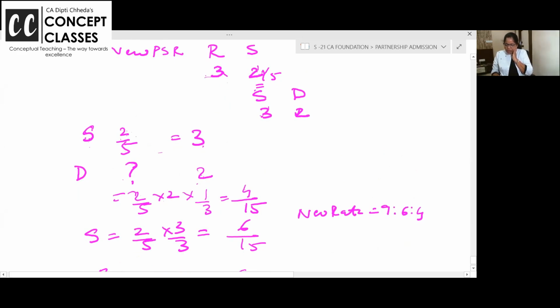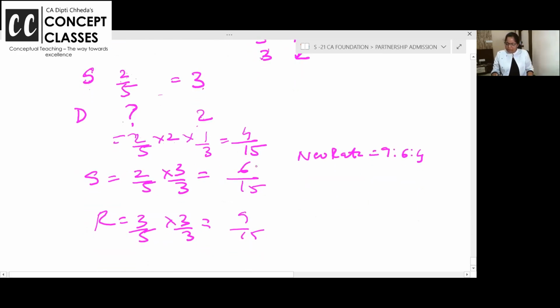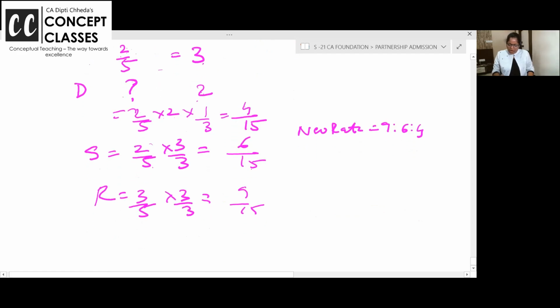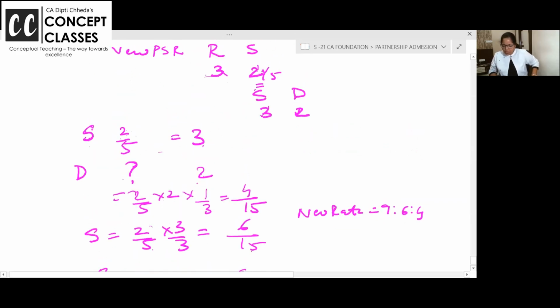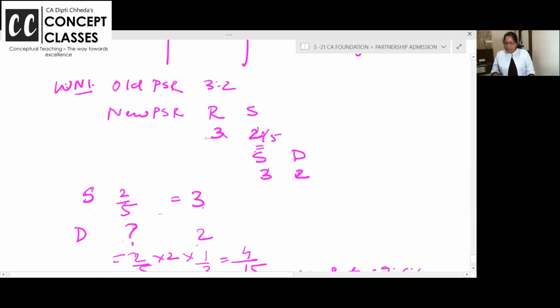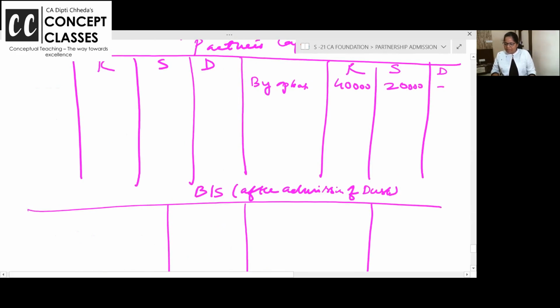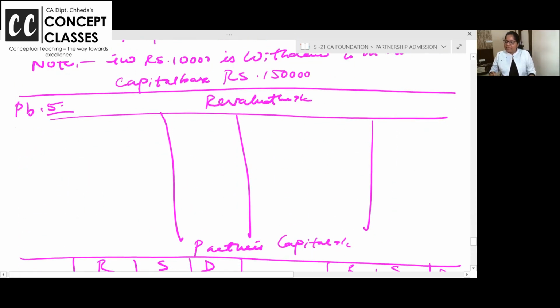So 2/5 into 2 divided by 3, into 1/3. So 4/15. And S you already know is 2/5, so multiply by 3. And R is 3/5, multiply by 3. 9:6:4 is the new ratio. Okay? Are you all with me? Ratio itself took a lot of time, and we still have to adjust capitals. Let's go a little faster now.